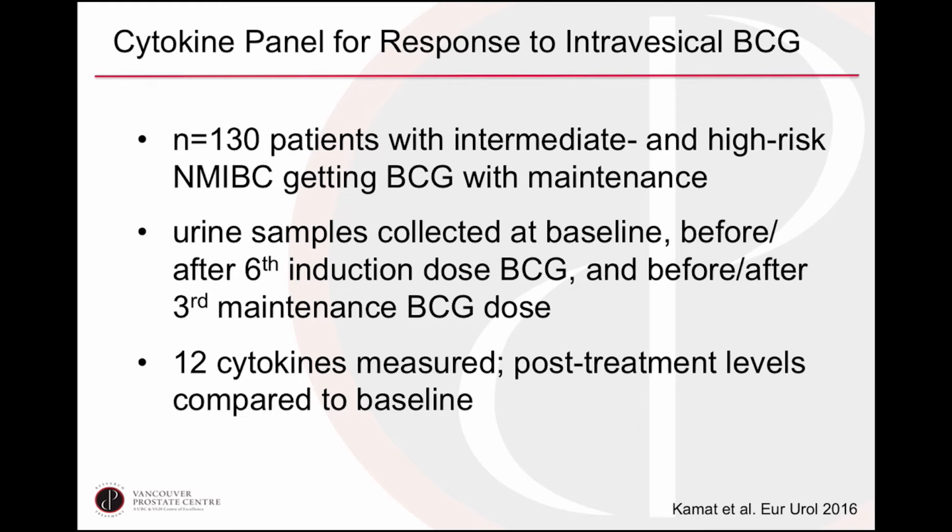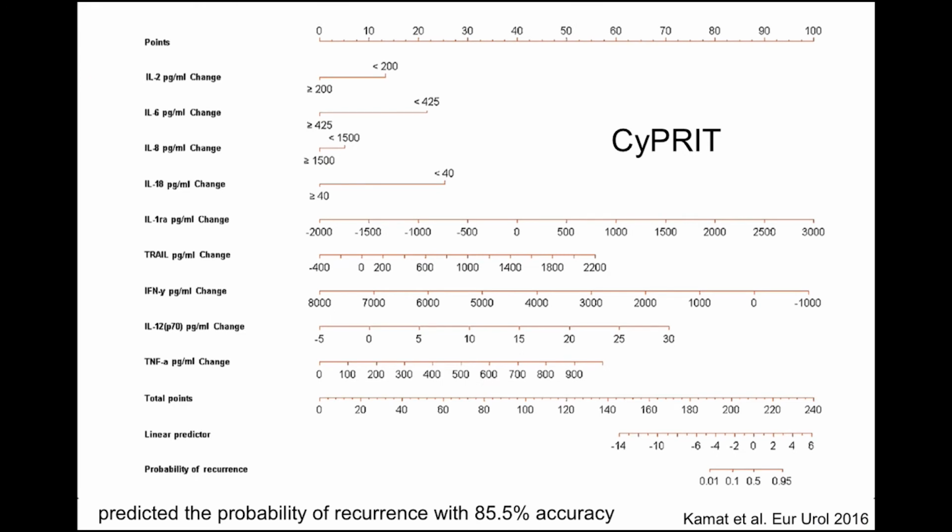They've looked at a panel of 12 cytokines and compared post-treatment to baseline, and they've developed a nomogram that's based on 9 of these markers that appear to be relevant, significantly different between post-treatment and baseline, and they can predict the likelihood of response based on cytokine production in the urine. So this is a novel marker that requires validation and other studies to see if this can really predict response to BCG.